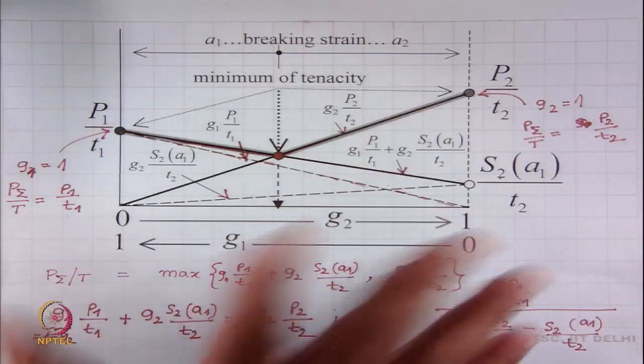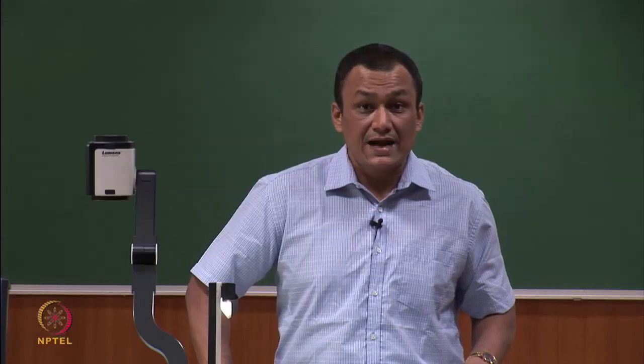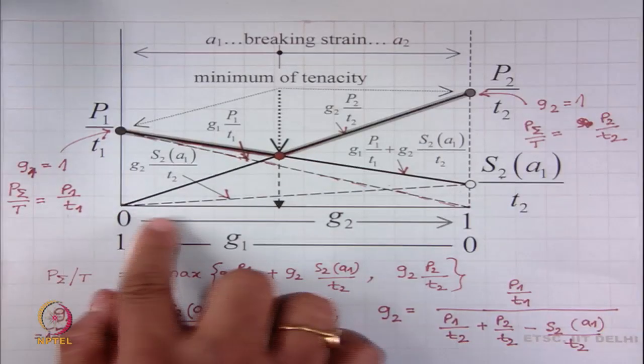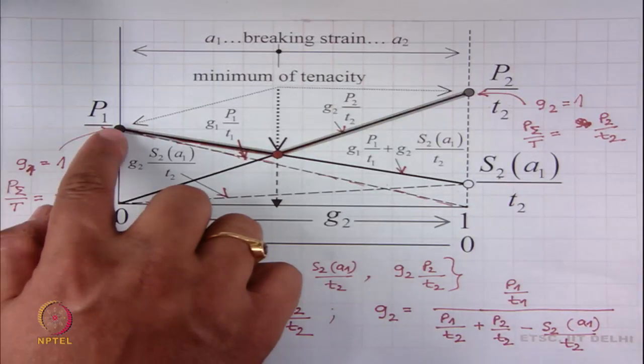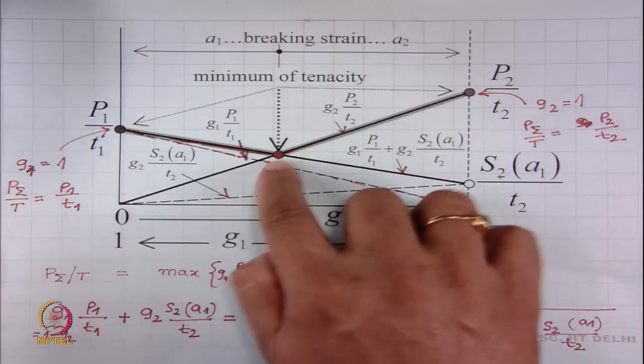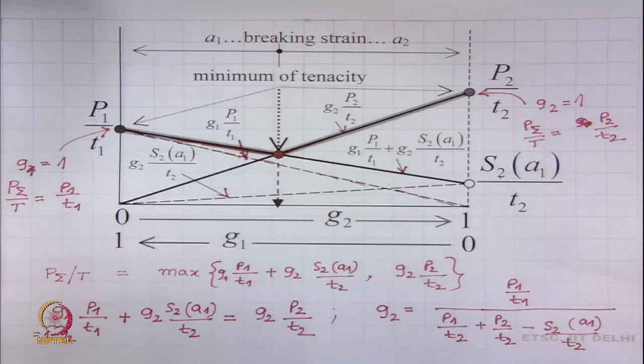So, what we observe from this figure is very interesting: after addition of stronger fibers in the bundle, bundle tenacity can decrease. We are adding stronger fibers, however, bundle tenacity is decreasing. After a certain point, it again starts increasing and finally it goes on increasing.